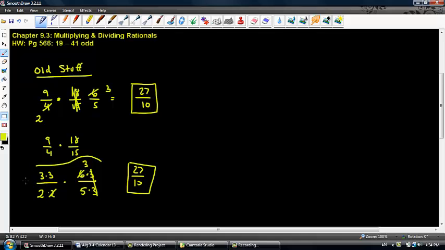Here is what was going on in your head without really realizing it. That is applied in the new stuff because the process by which we simplify rational expressions is exactly the same. What we did first was this idea of breaking numbers apart, which you guys know as factoring.